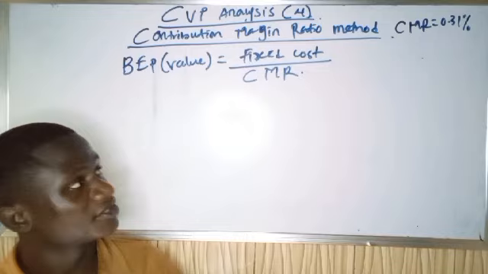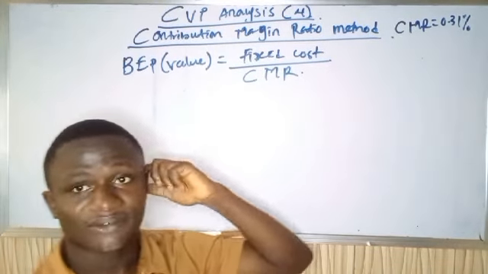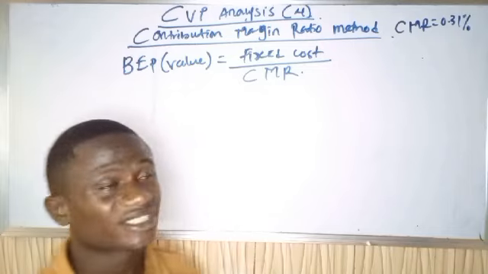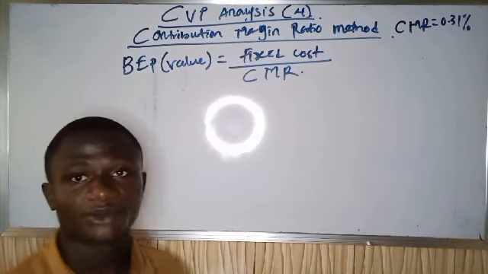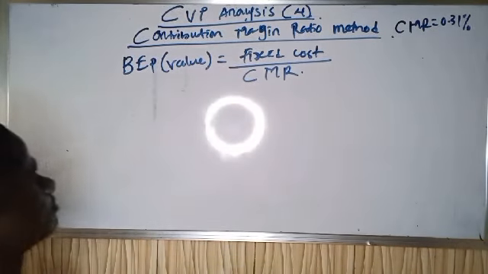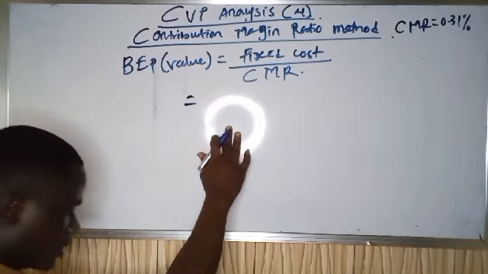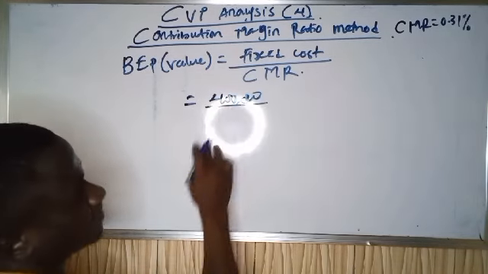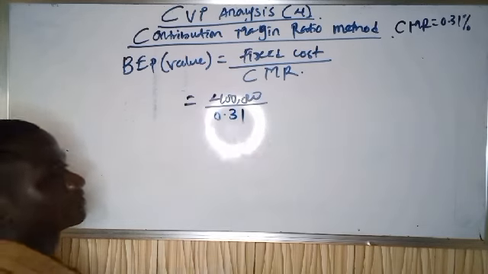Since my CMR that I've gotten is 0.31, I can calculate my break-even point in value by just saying that break-even point in value will be equal to my fixed cost from my question, 400,000, divided by 0.31.